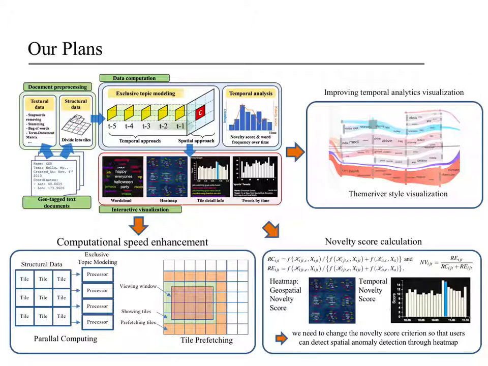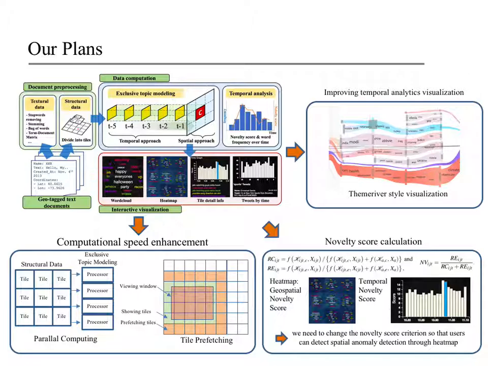get topic modeling, and we are going to use prefetching, which means we will predict the user's next movement. So we will pre-compute the topics, and also improve our temporal analytic visualization by using dimensionality reduction, so we can show the topic evolution over time.